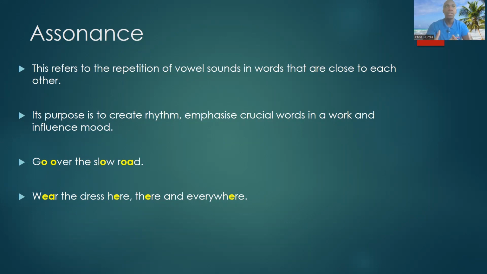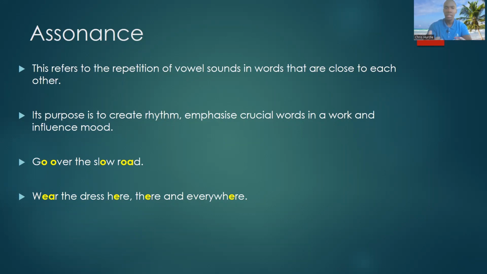Anytime there's the repetition of a vowel sound or consonant, the intention at the core is to make language more appealing to our ears, to appeal to our sense of hearing, right?